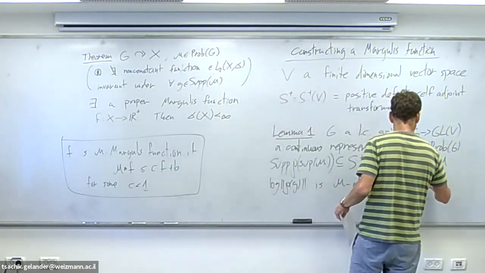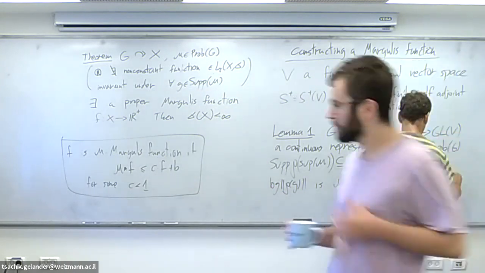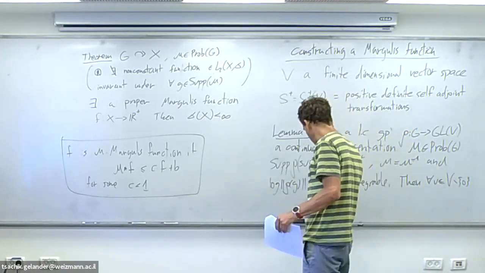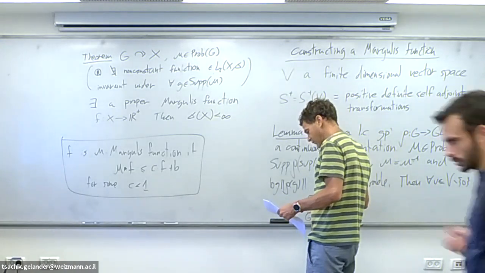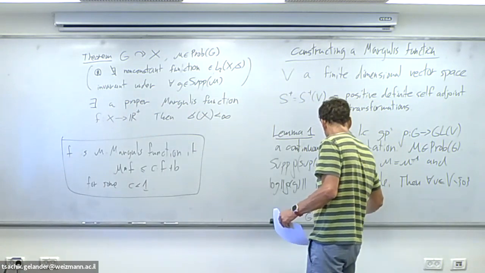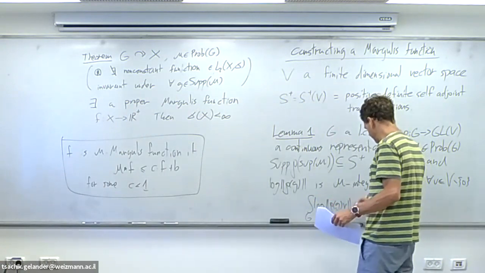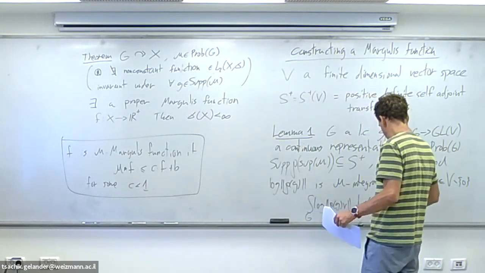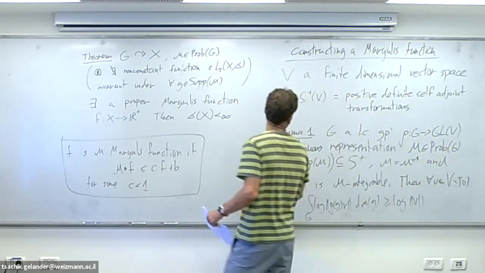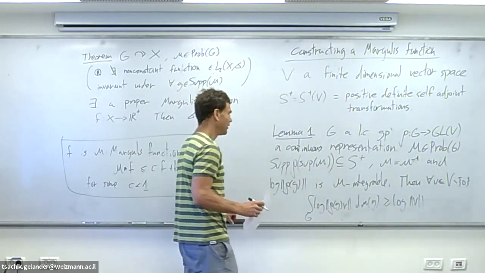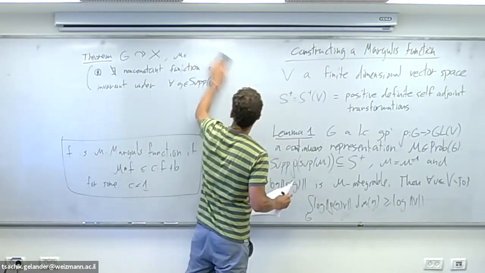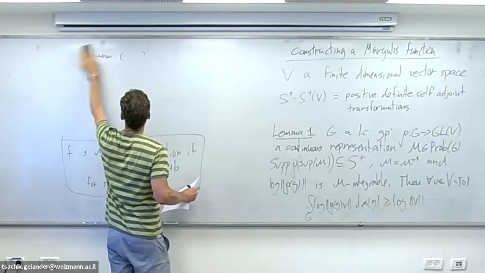Then for every v, we have the integral over G of log of the norm of rho(g)v d mu(g) is at least log of the norm of v. Furthermore, there is strict inequality unless v is an eigenvector for any g in the support.